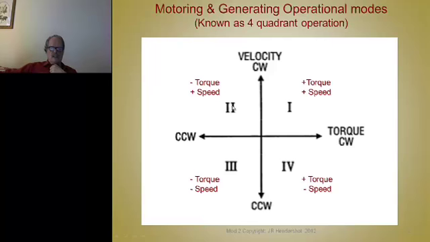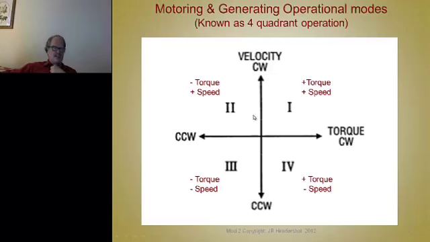So you can look at the combinations you can have. I can be going clockwise and producing, as I accelerate, positive speed and positive torque. Once I've accelerated up to some speed, I keep going at that speed, and torque and speed are both positive. But now I want to slow down, so even though I'm still traveling in the same clockwise direction, as I slow down I've got to apply a negative torque.